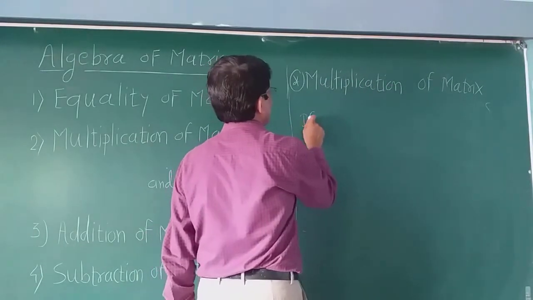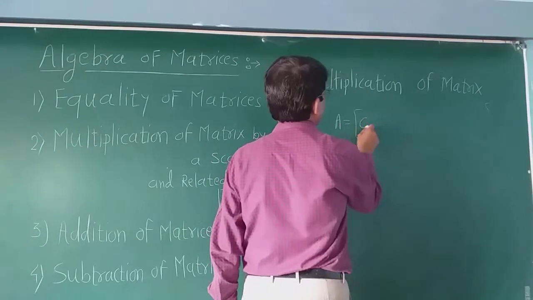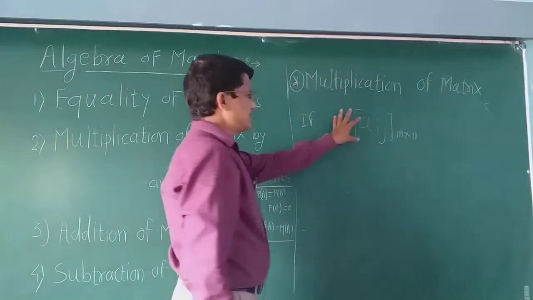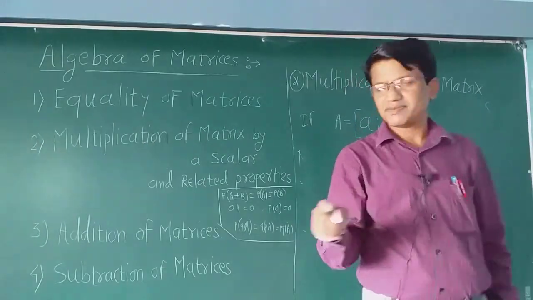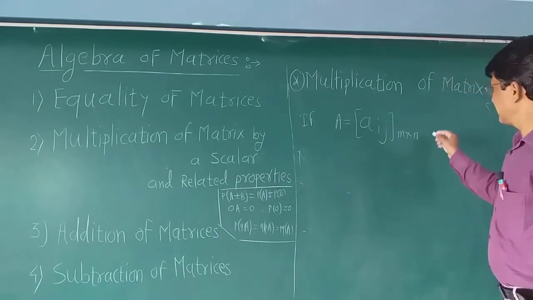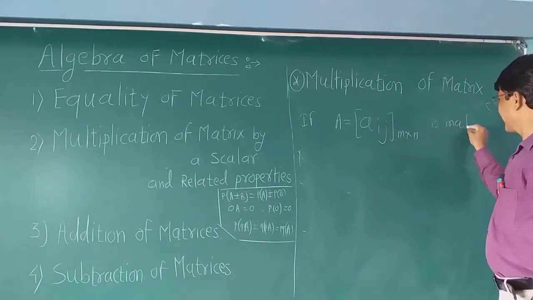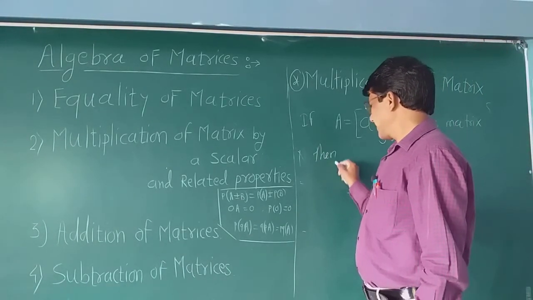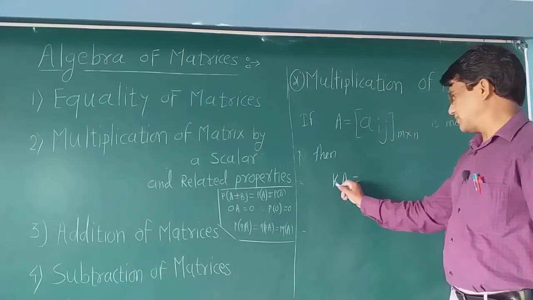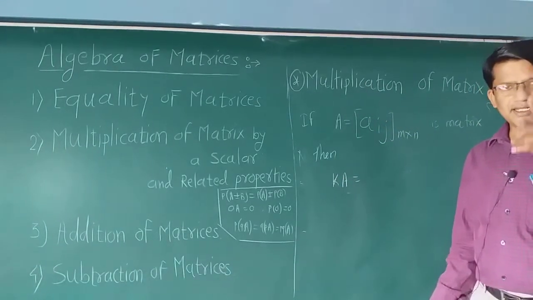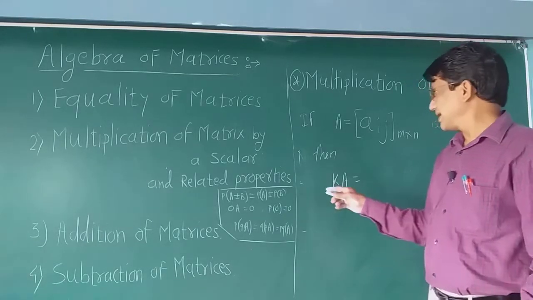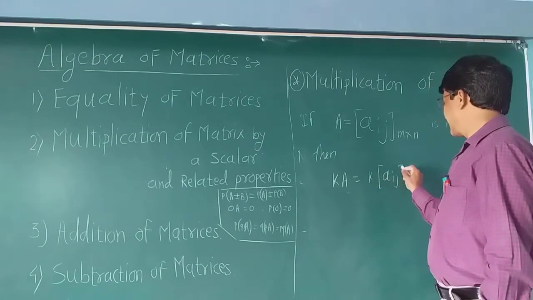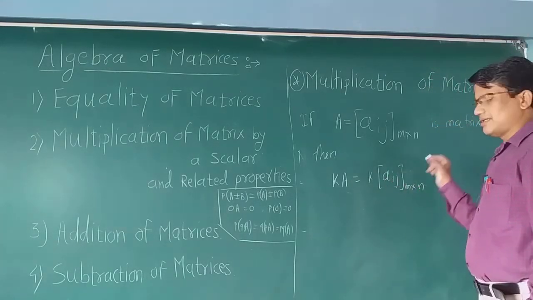If A equals [aij] of order m by n, then kA, where k is a scalar, is represented by [k aij] of order m by n.